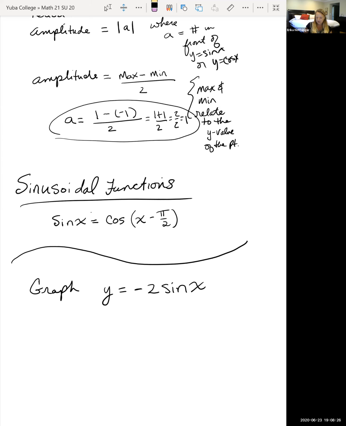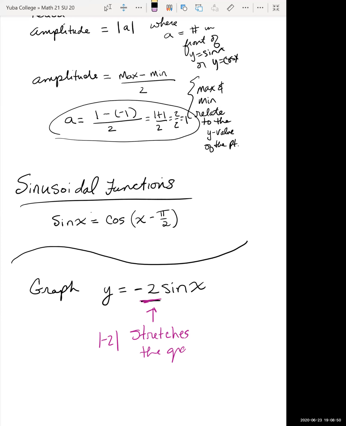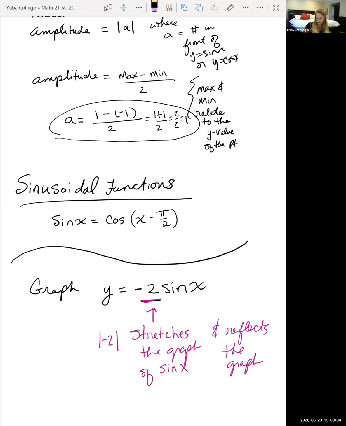Basically, that -2 in front of this sine x stretches the graph of sine of x, and we flip it.